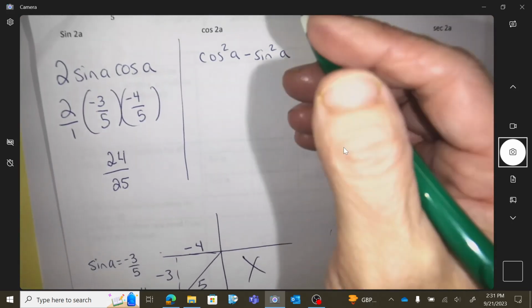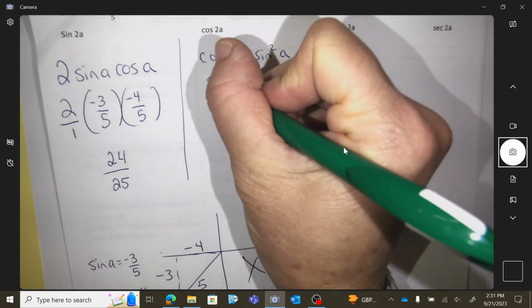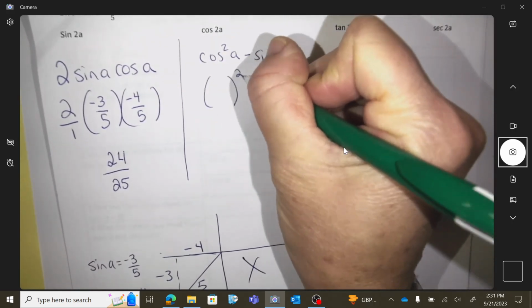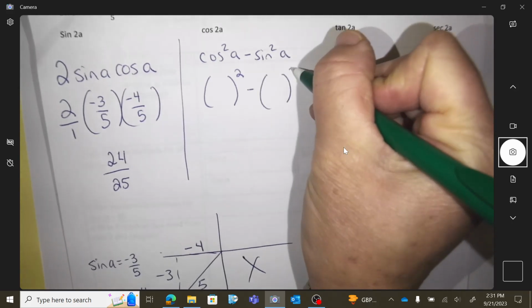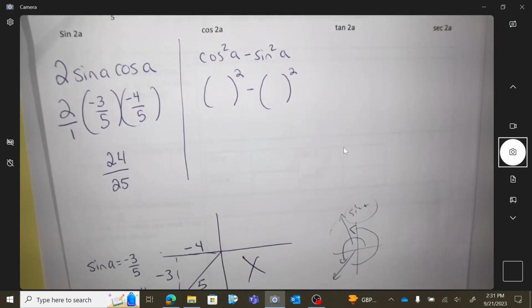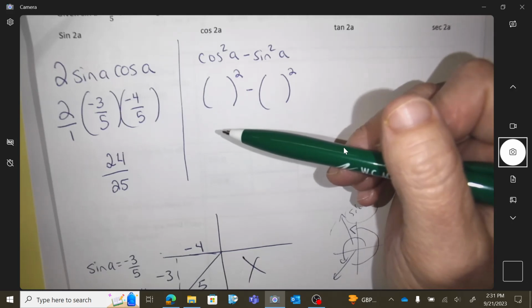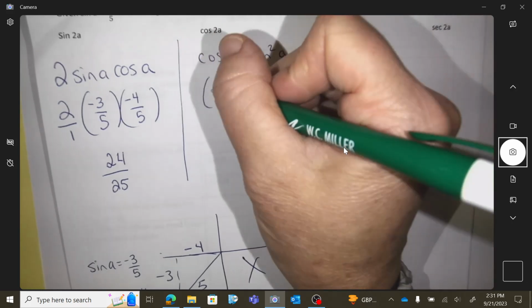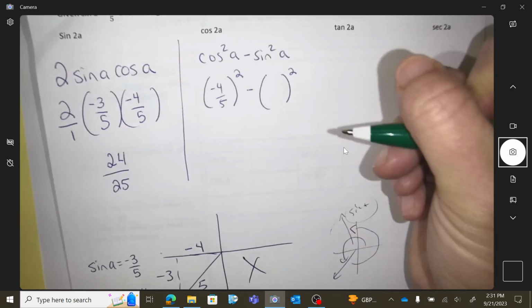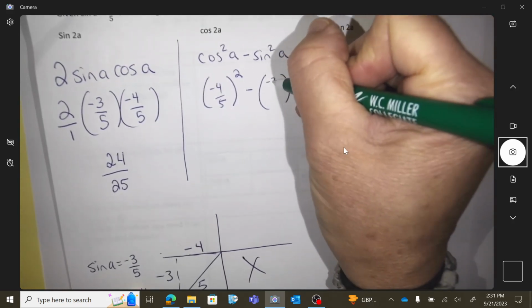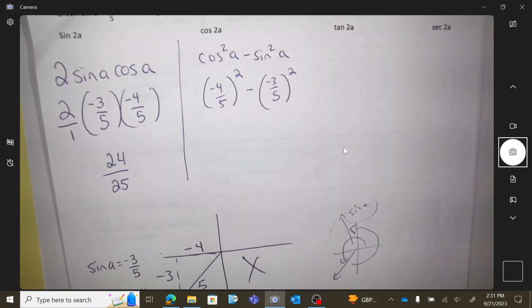Okay, now here's what I'm going to do. I'm going to put brackets squared minus brackets squared because I'm going to put the trig value but square it. Okay, cos A, find it. We've already figured it out. So cos A, sine A, make your replacements.